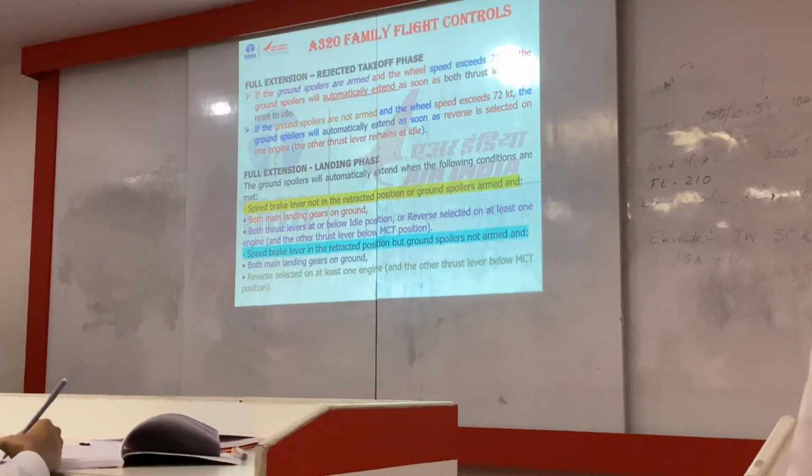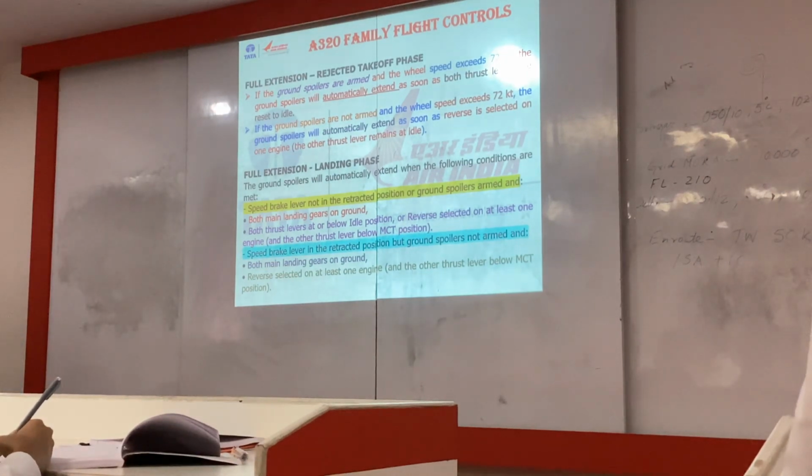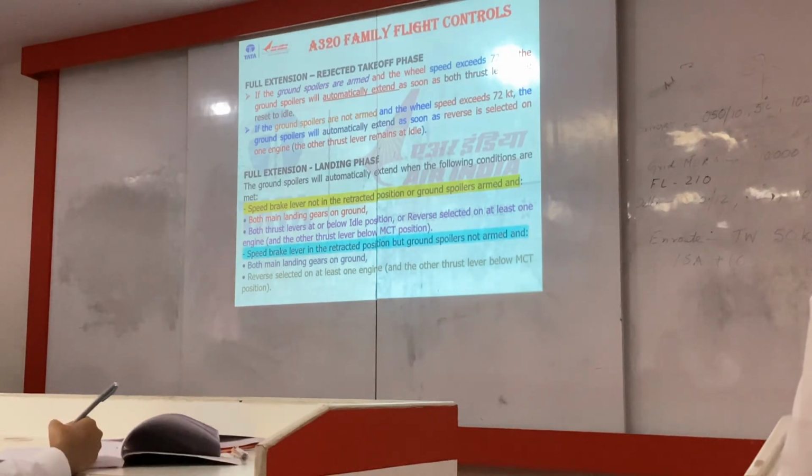Something went wrong, that's why you are using reverse, otherwise in the takeoff phase, what is the use of reverse? Is there any use in the takeoff phase? No. So the system is configured in such a way that if the pilot has forgotten to arm the ground spoiler, still under this condition the speed brakes will be on.